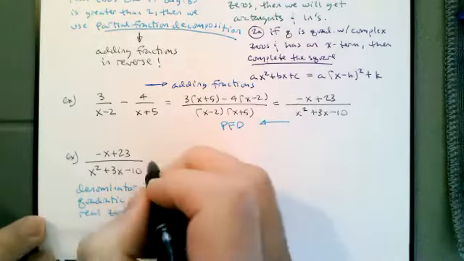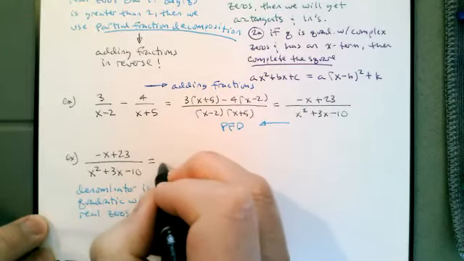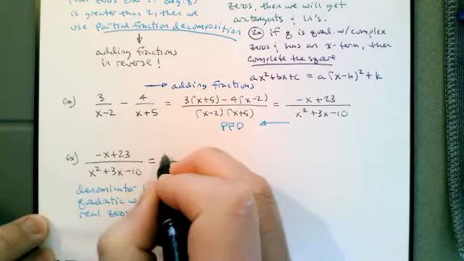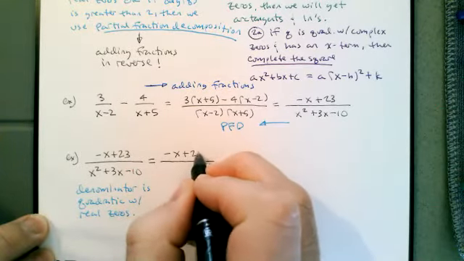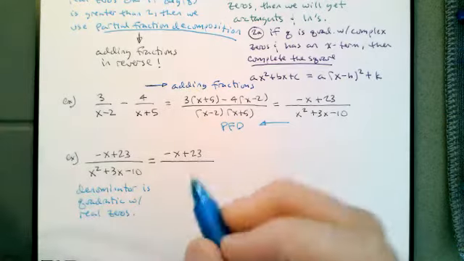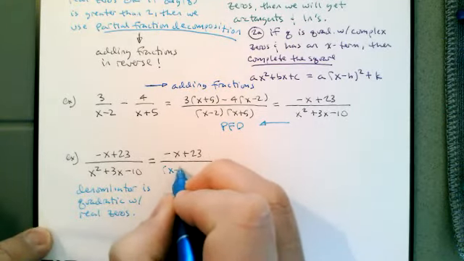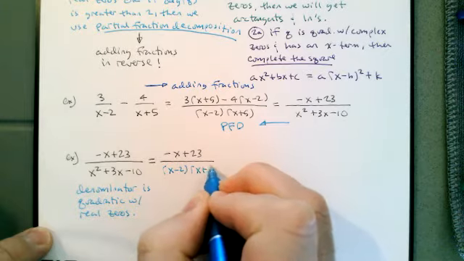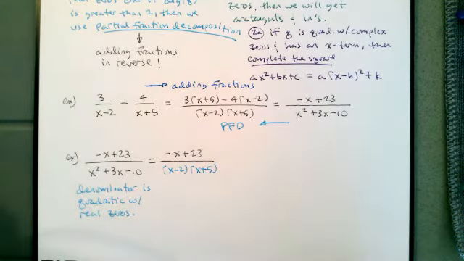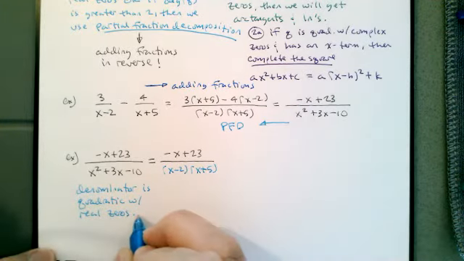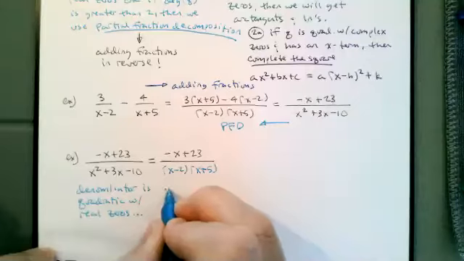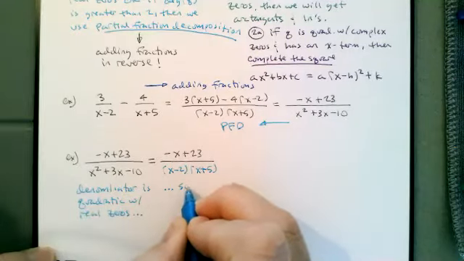So that's what we should do. We notice this because it's factorable, so what we should do is factor the denominator: x minus 2 and x plus 5. The denominator is quadratic with real zeros, so we factor the denominator.